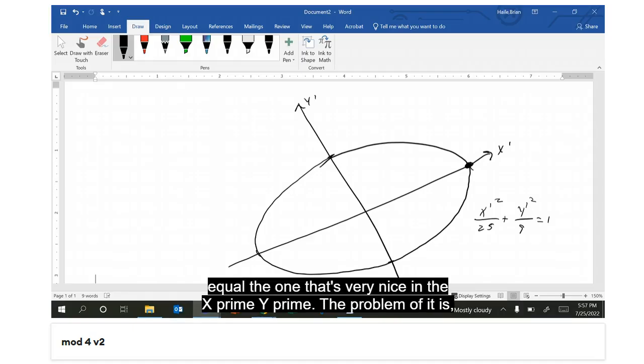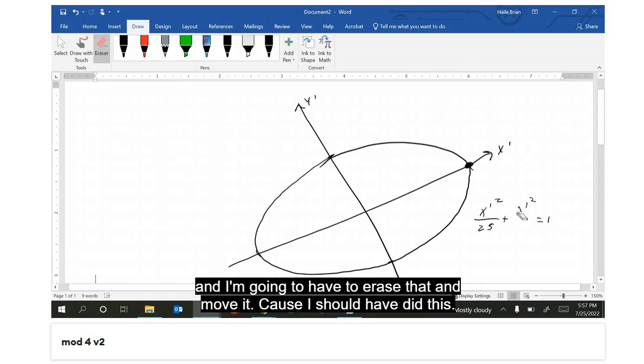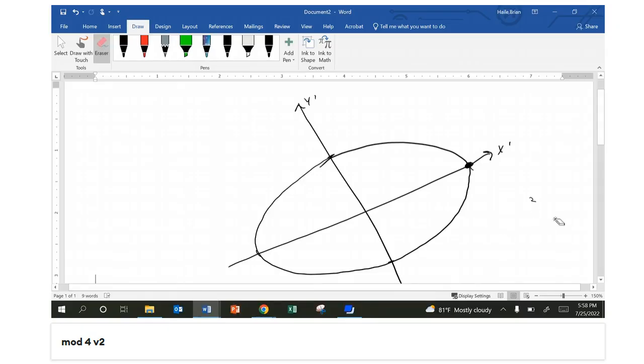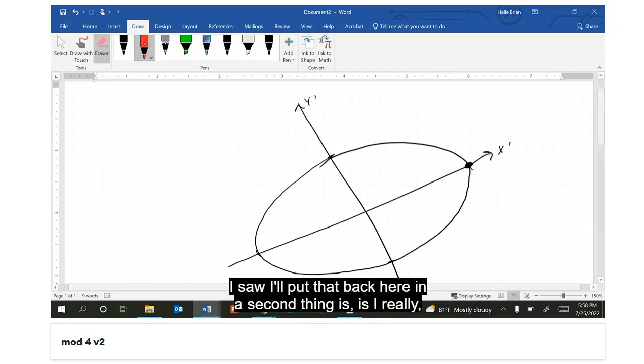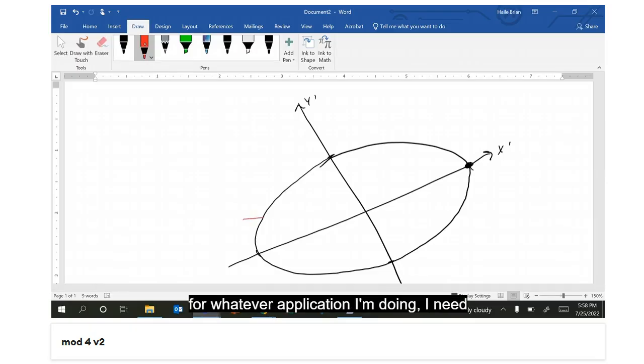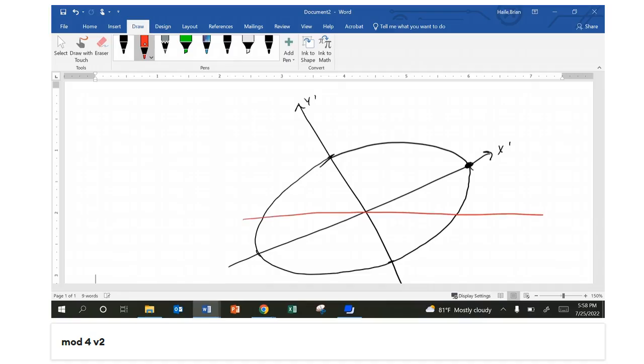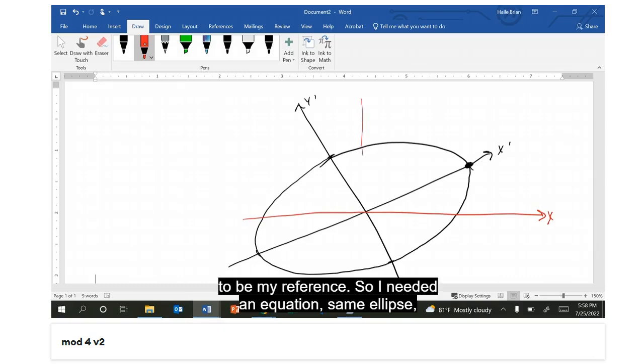The problem of it is, and I'm going to have to erase that and move it because I should have done this, so I'll put that back here in a second. The thing is, for whatever application I'm doing, I need the xy plane to be my reference.